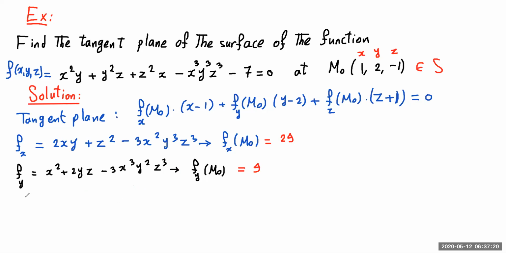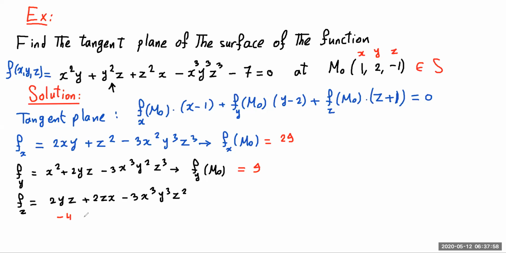The partial derivative of f with respect to z will be 2yz. From here, the derivative of the first part is 0, and 2zx plus 2zx. Then here it's minus 3x3 y3 z2. Let's give x1 y2 z minus 1, so minus 4.